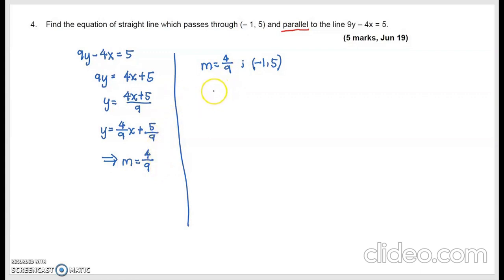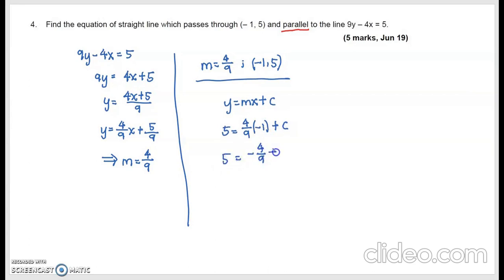So now, by using the formula y equals mx plus c, where y is 5. First, we need to find the value of c. y is 5, m is 4 over 9, x is negative 1, plus c. So 5 equals negative 4 over 9 plus c.